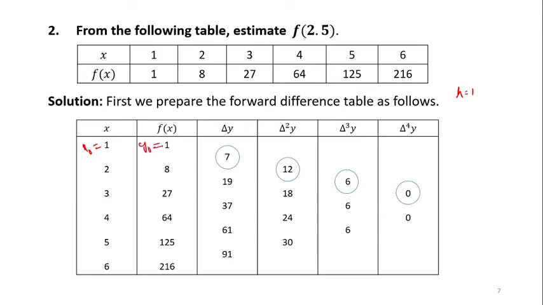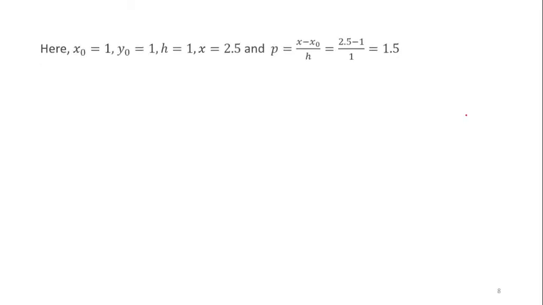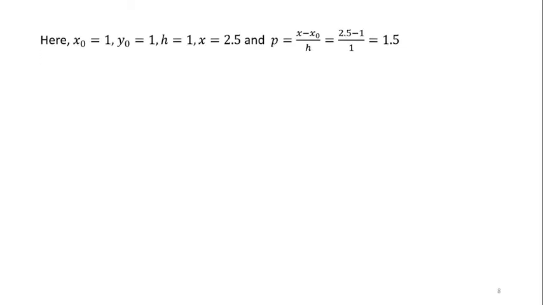So, y naught is 1 here and x is 2.5. So, here we have x naught as 1, y naught as 1, h is equal to 1, x is equal to 2.5. So, p is x minus x naught by h, that is 2.5 minus 1 by 1, that is 1.5.